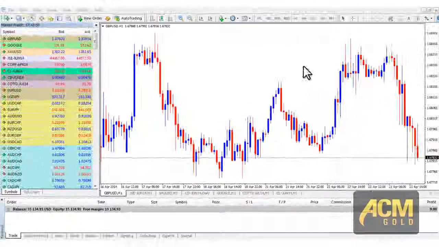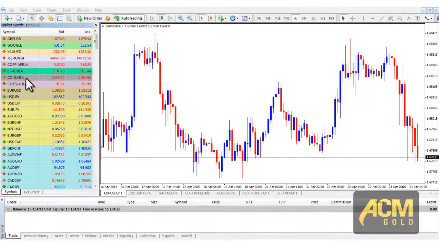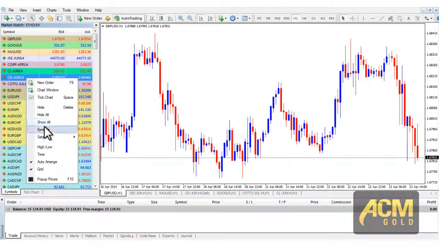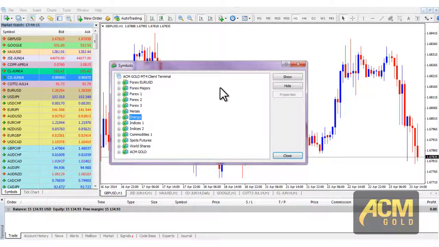You can check the specifications by right-clicking in your market watch, opting for symbols, picking the relevant symbol and checking out its properties.